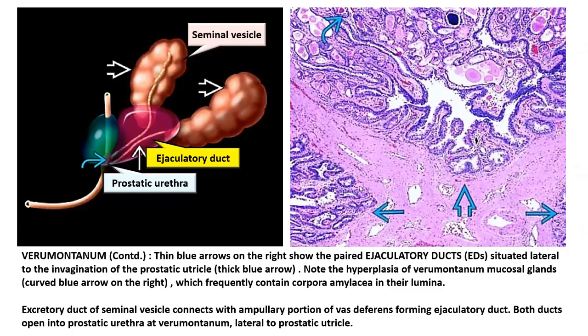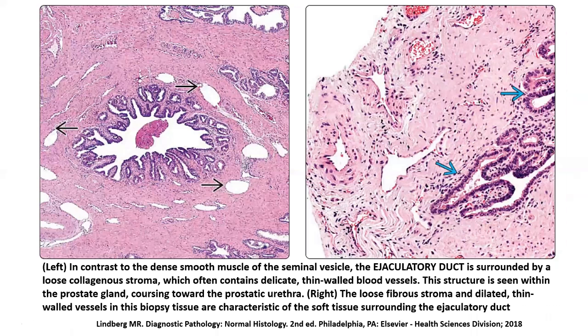Now, I've been talking about the ejaculatory duct and the seminal vesicles, and this is the next important histological orientational landmark that we shall talk about. So this tubular structure, which has a lumen and complex papillary infoldings pushing into the lumen, is the ejaculatory duct. One important thing to differentiate the ejaculatory duct from the seminal vesicle in the cross section is that around the ejaculatory duct there will be no muscular condensation.